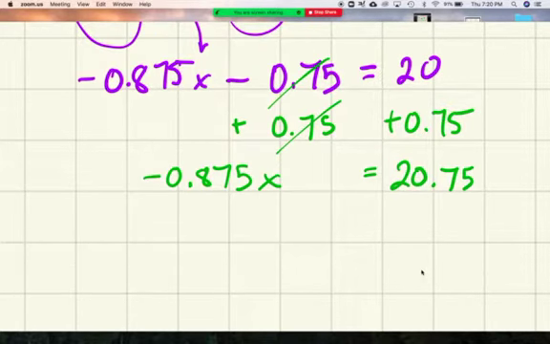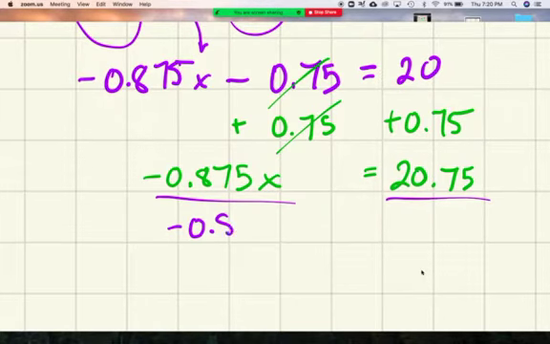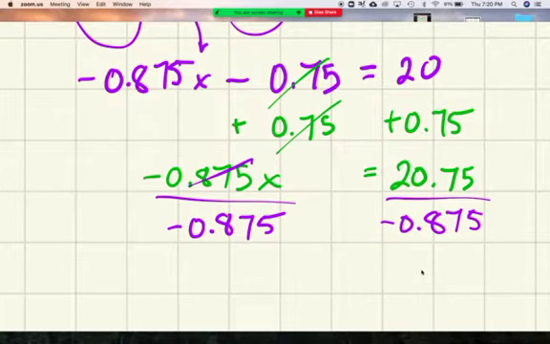All right, and then the last step, what do you do? Then we would divide it by 0.875, right? Yeah. Divided by 0.875 equals 23.7. Negative, right? Yeah, negative.